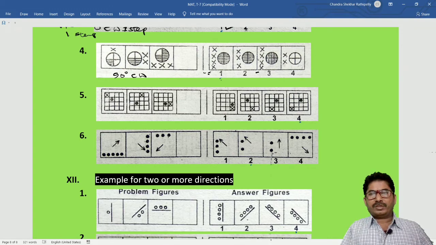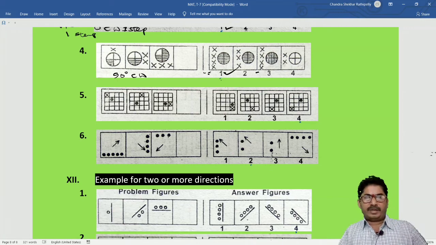Okay, this also horizontal lines. But in the third, these lines are vertical. That's why option 1 is correct. So these lines are horizontal, but in this one vertical. So that's why option 1 is absolutely correct.